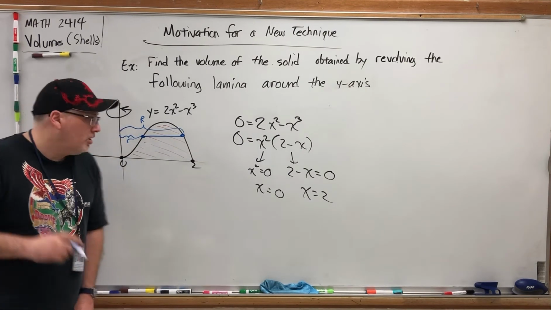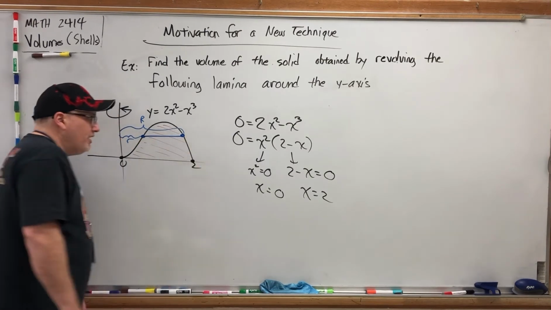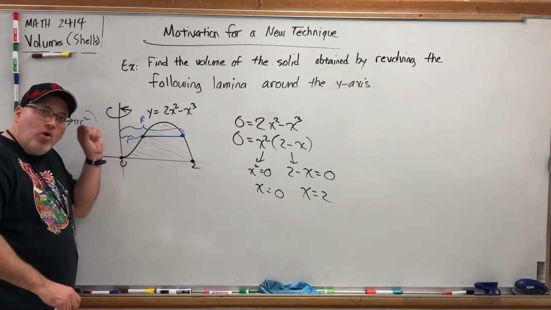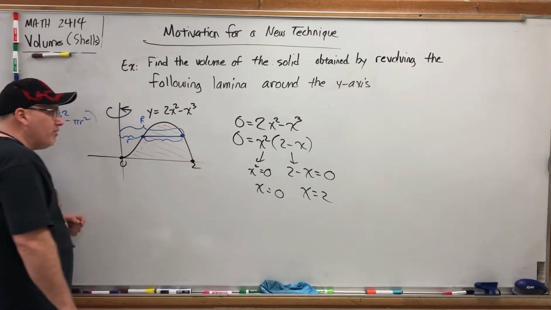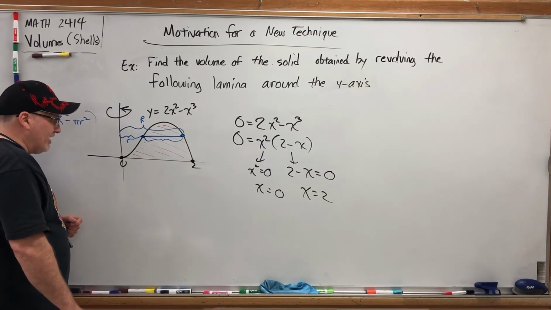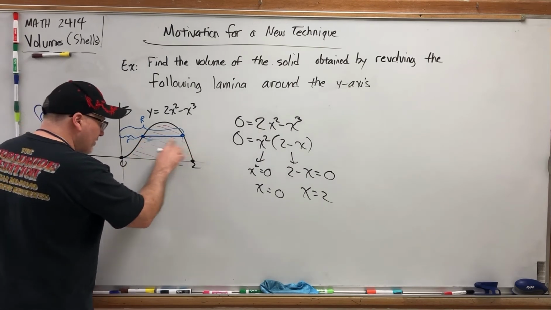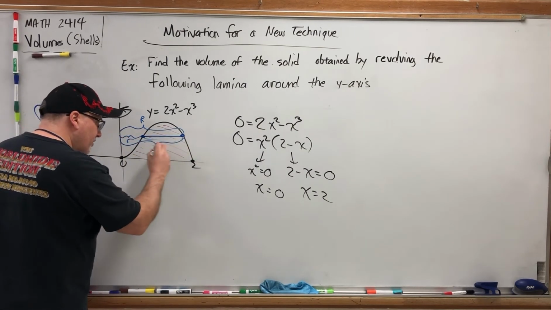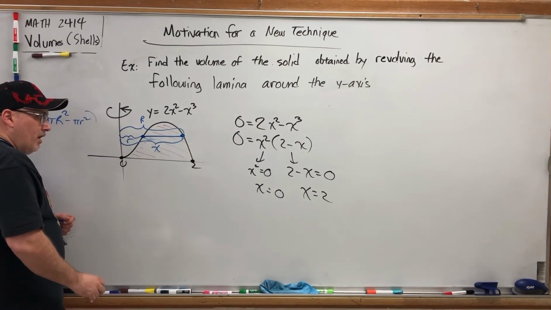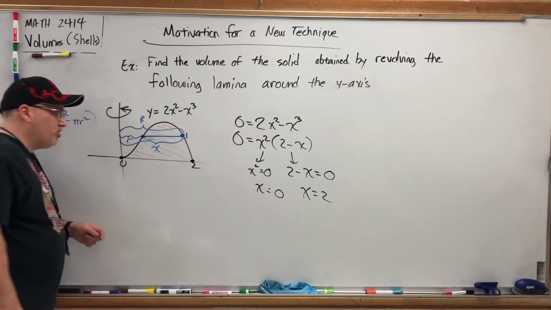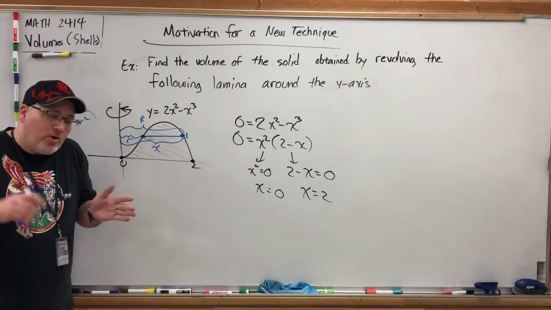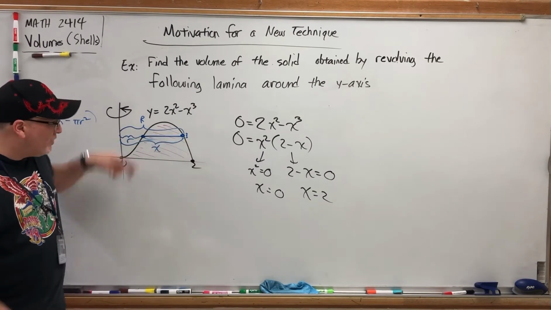How can you tell? Because this cut has a very narrow y dimension. In other words, this is some x value. Actually, the x value would be here. But the skinny dimension, the one that we let go to 0 in the Riemann sum, if you will, is in the y direction.